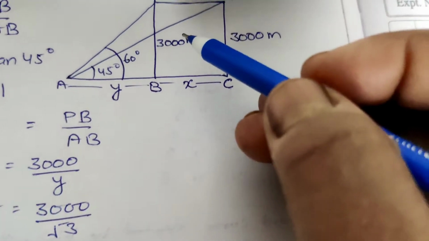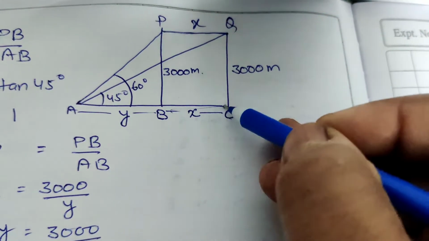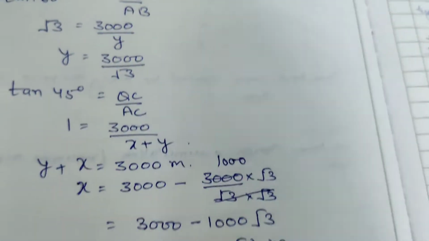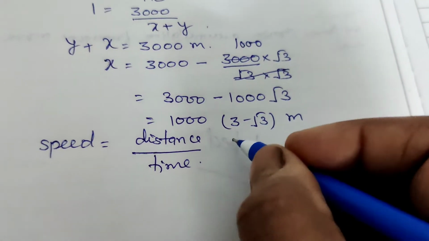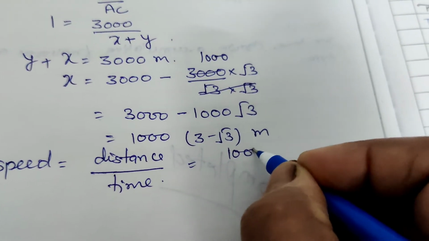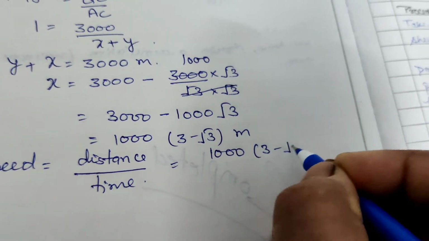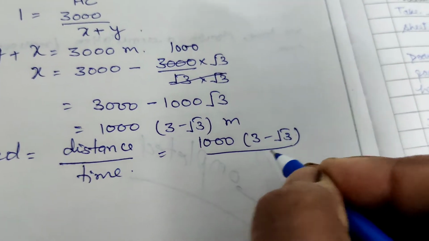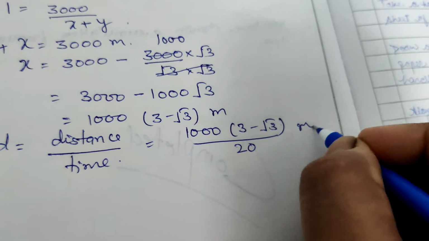The aeroplane covers x distance in 20 seconds. The distance x is 1000 times 3 minus root 3, divided by 20 seconds. So this is in meters per second.